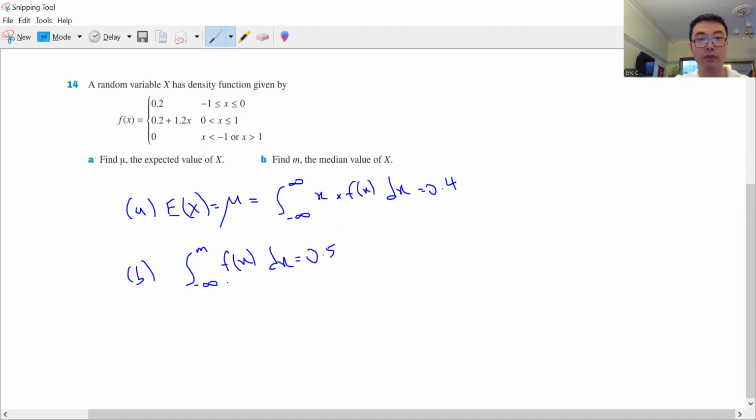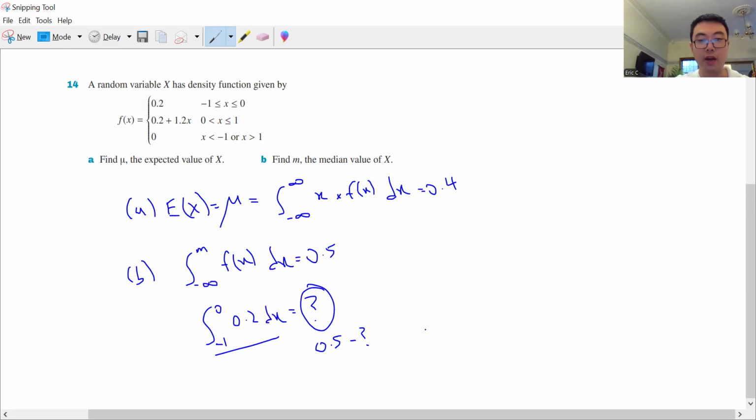And in order to avoid that, all we're doing is we first do the integral from -1 to 0 of 0.2 dx, and find out what this value is. Then we do 0.5, which is to find the median value, minus the outcome of this integral, because that's the remaining probability, or the area under the graph if you like.